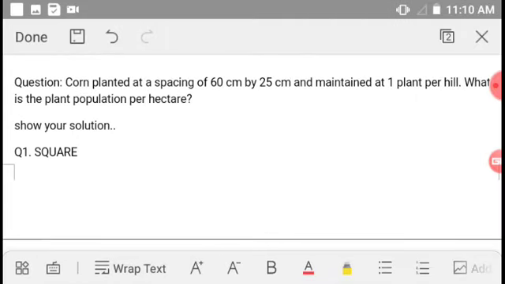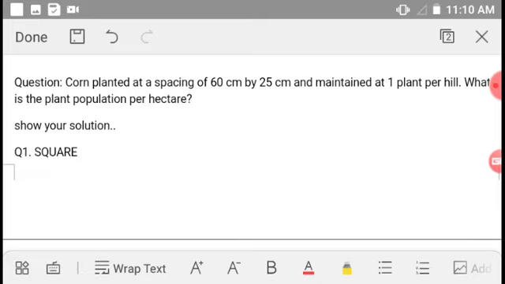So, we have here a problem. So, question. Corn planted at spacing of 60 cm by 25 cm and maintained at 1 plant per hill. What is the plant population per hectare? So, let us show our solution. Dito pa lang sa problem na ito, ano yung mga given?